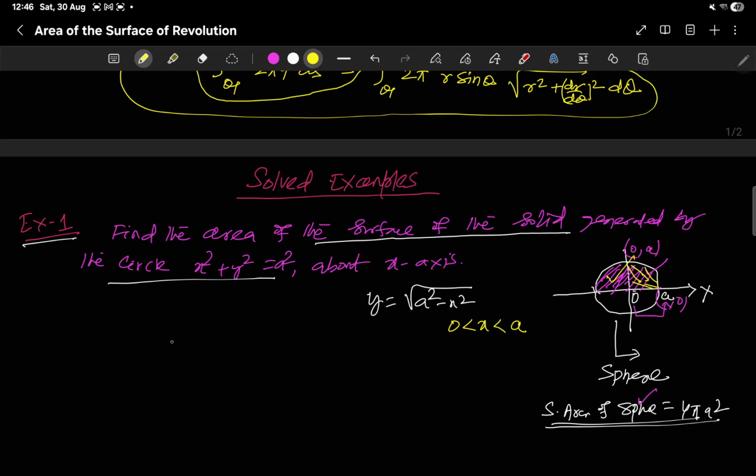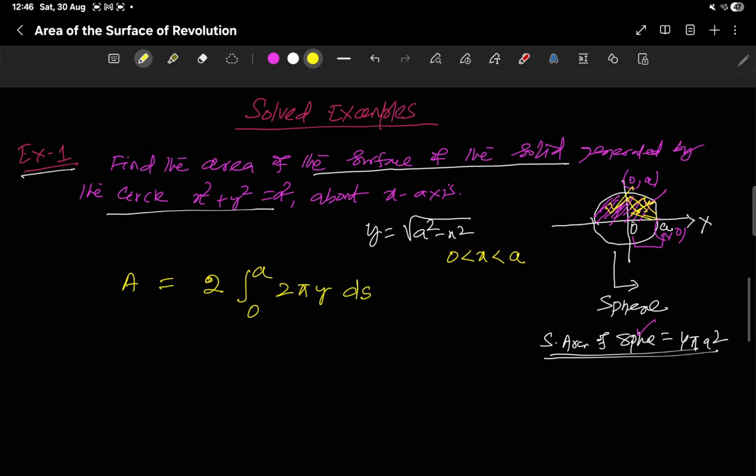So the surface area will be 2 times the integral from 0 to a, because of the symmetry, of 2 pi y ds. This is the formula.